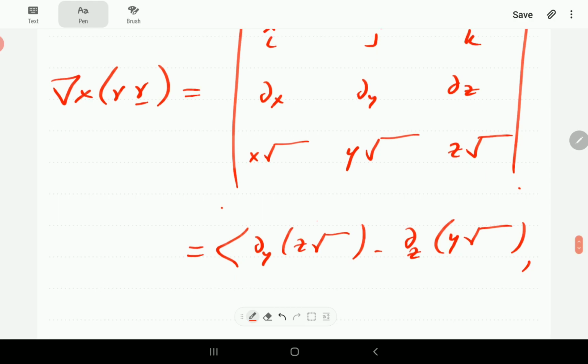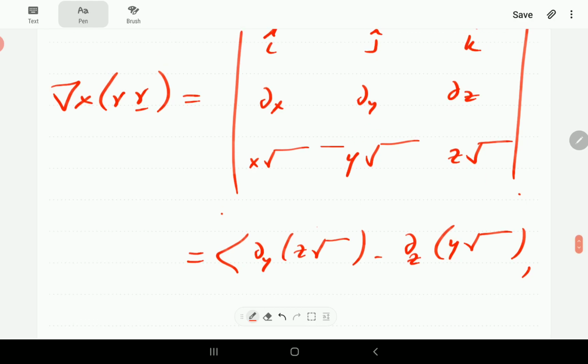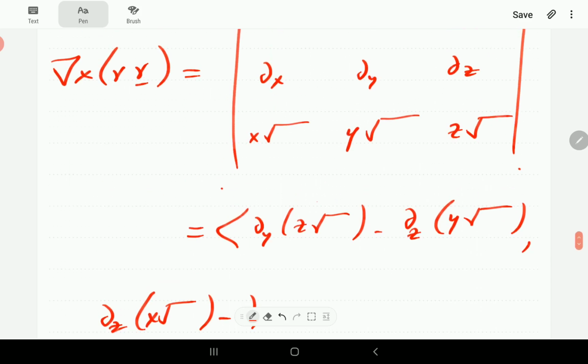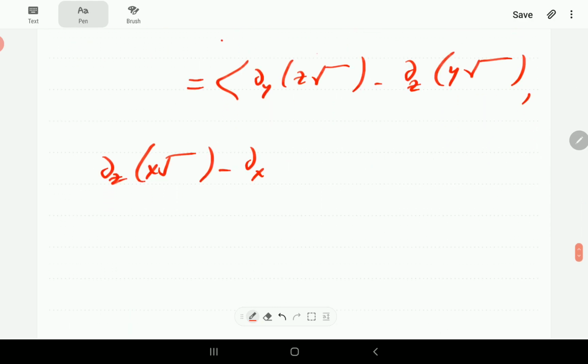Then for the j component, it's going to be the z derivative of x times the square root of x squared plus y squared plus z squared, minus the x derivative of z times that.